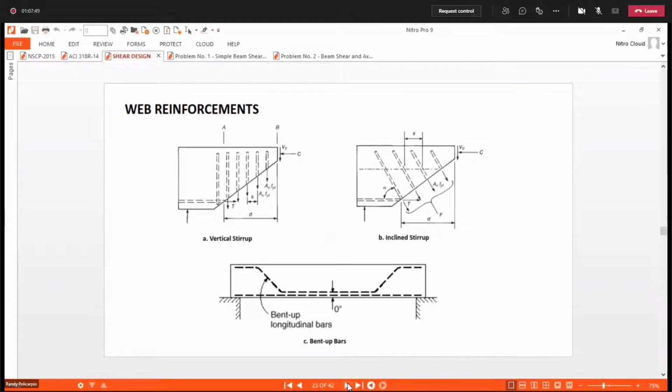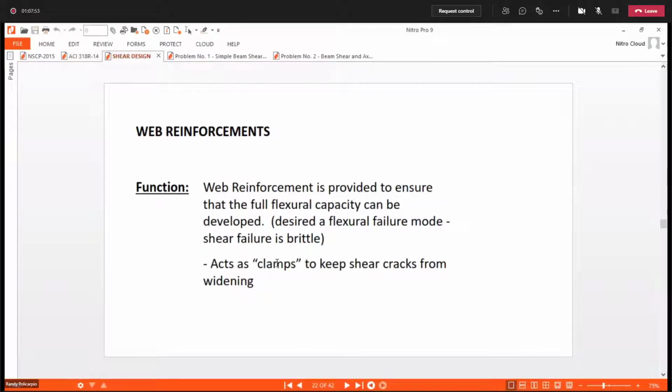Another function, aside from that, is that the web reinforcement serves as a guide in positioning your compression reinforcement or your top reinforcement.